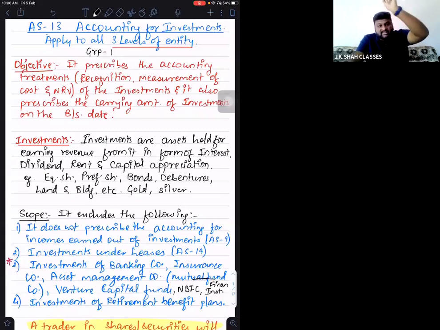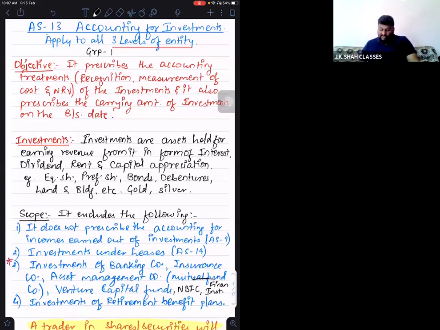So when Kotak mutual fund is investing in various securities, AS13 is not applicable. They will follow the SEBI guidelines accordingly. But when I, as an individual investor, am holding Kotak mutual fund units, for me AS13 is applicable.